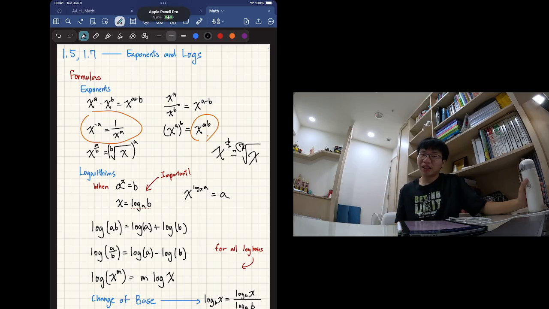So logarithms are very closely tied to exponents, and apart from formulas, there's one idea that I want you guys to be very familiar with, and it'll be really helpful. I want you to naturally think about the relationship between logarithms and exponents. So when a to the x is equal to b, then x is equal to log base a of b.